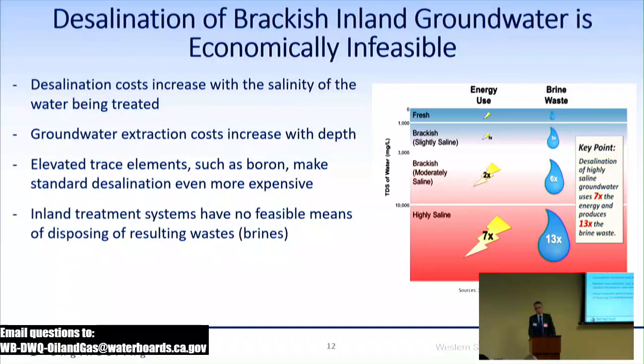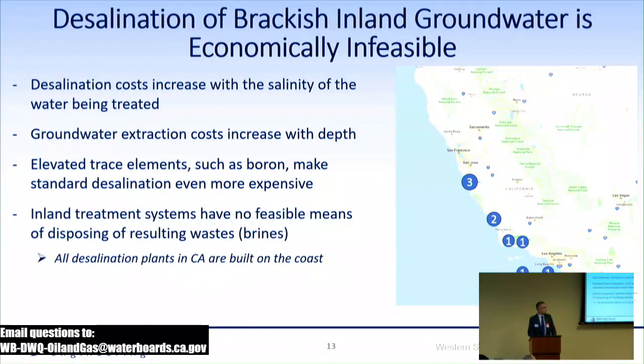of resulting waste brines. And you can see, again, in this graph, the cost of disposing of the volume of brine on the right that is generated with water above 10,000 as compared to 3,000 ppm TDS is about doubled, as well as the energy use required to treat that water. So there are significant challenges with treating water of this salinity.